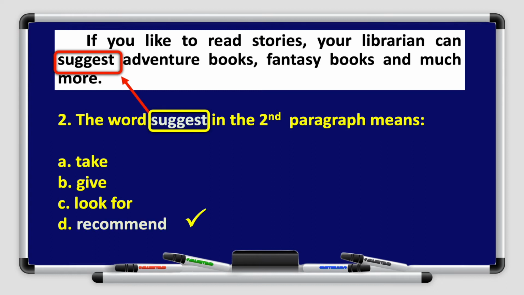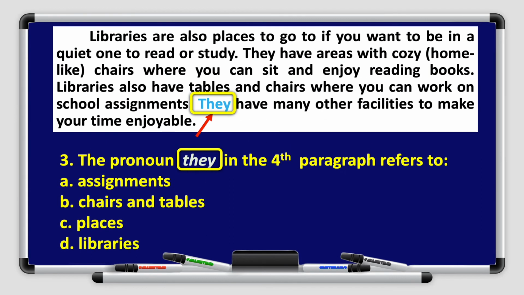The word here means, suggest means D, recommend, excellent for whoever chose right. Number 3, the pronoun they in the fourth paragraph refers to A, assignments, B, chairs and tables, C, places, or D, libraries.